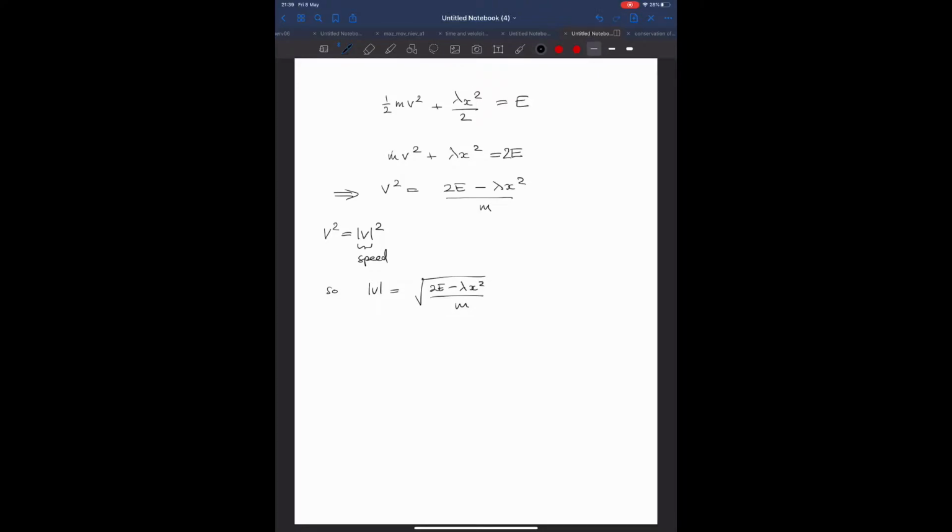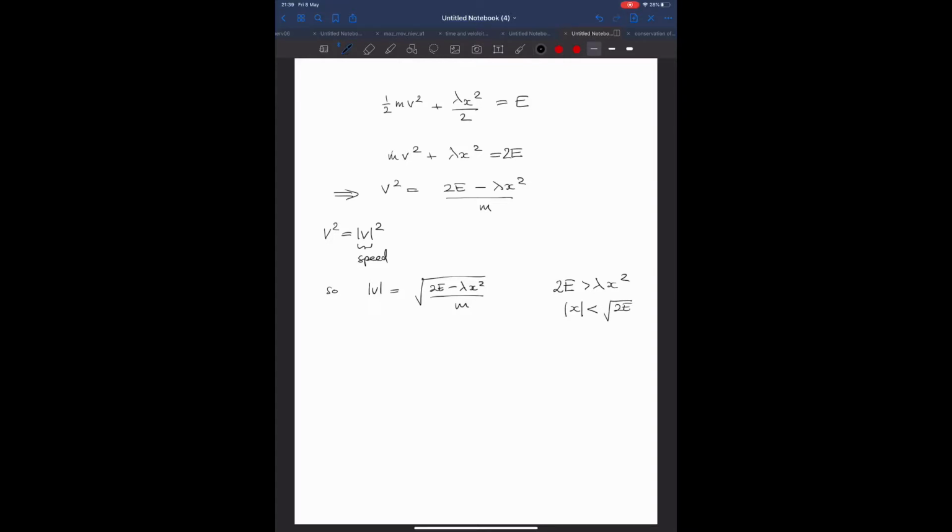All right. Now, here I have to make a point that 2E should be greater than lambda x squared. Otherwise, this means x squared, or the modulus of x, should be between the square root.